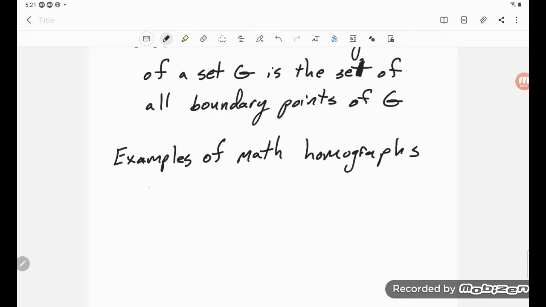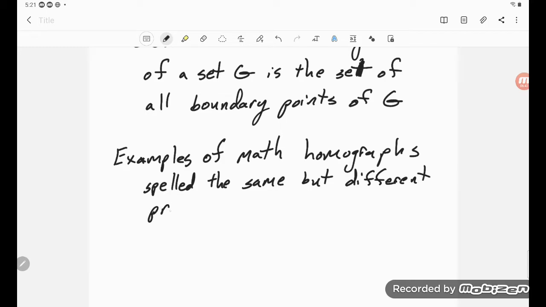Homographs, okay, spelled the same but different pronunciation or meaning. So they could be pronounced the same but have a different meaning.